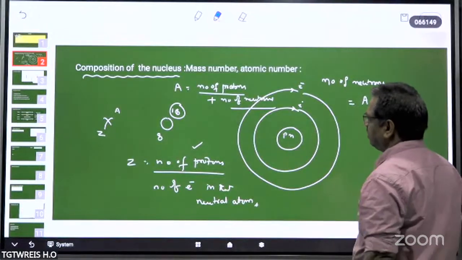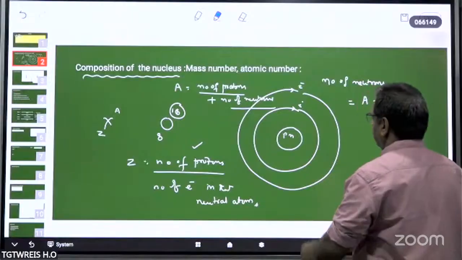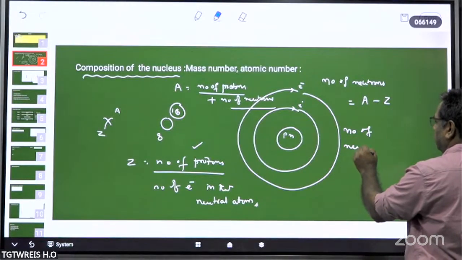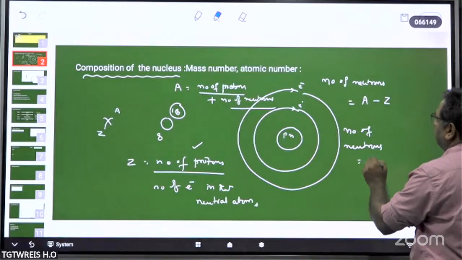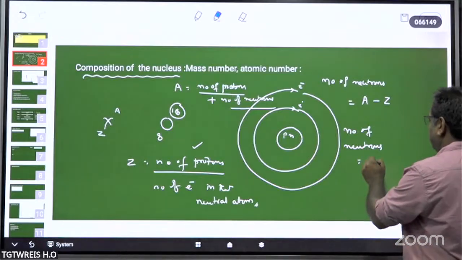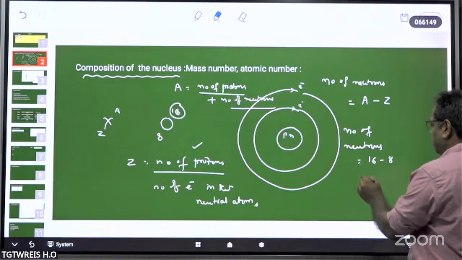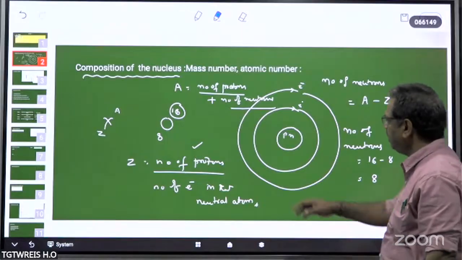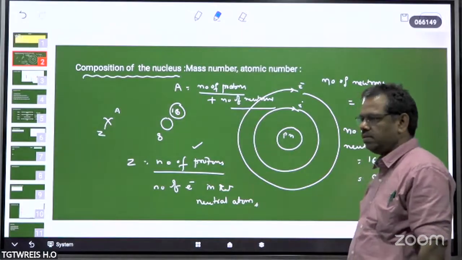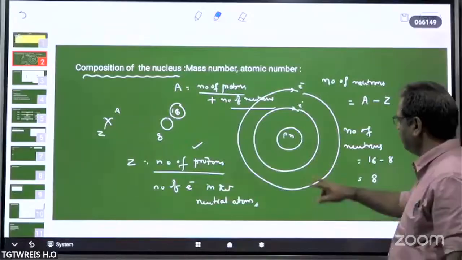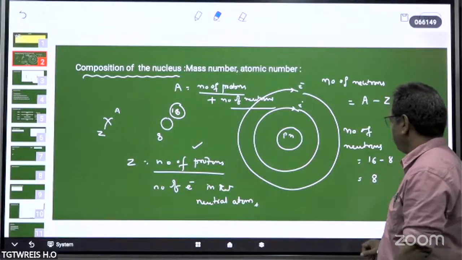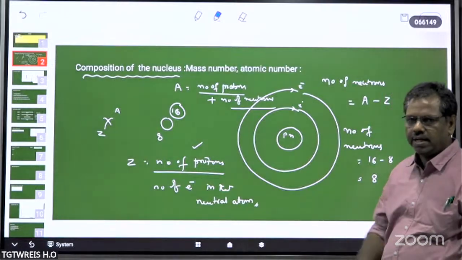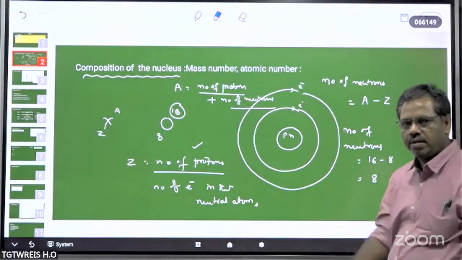For example, in this oxygen atom, the number of neutrons is A minus Z, that is 16 minus 8, equal to 8 neutrons. That means in the oxygen-16 nucleus, there are 8 protons and 8 neutrons. Like that we can calculate for any given nucleus.